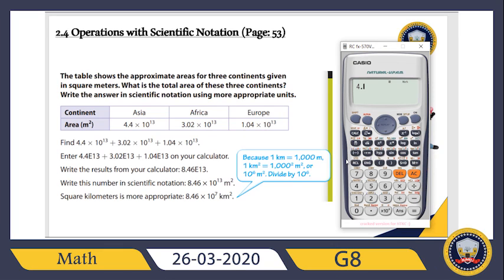So it is 4.4 times 10, so shift 10 to the power of 13.